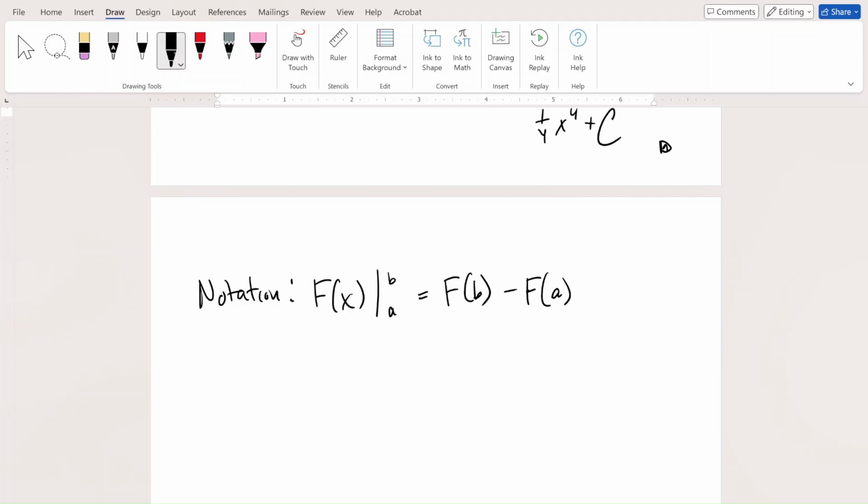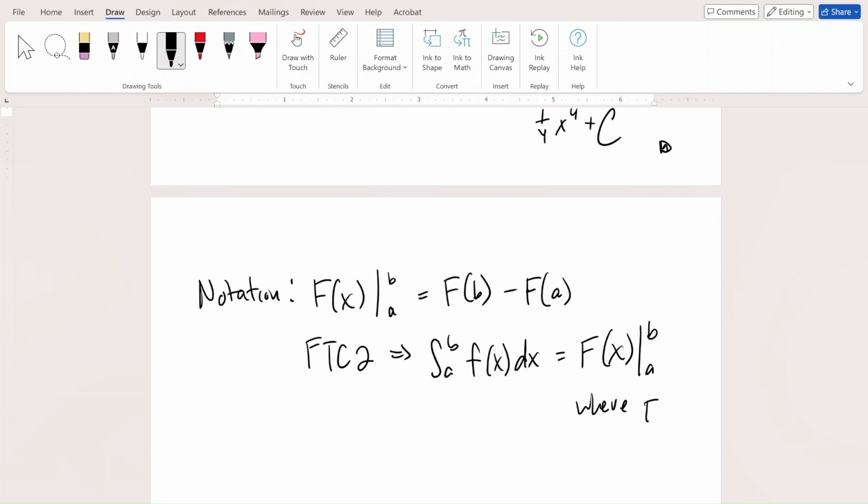So when I write the fundamental theorem of calculus part 2, the integral from a to b of f of x dx, that's equal to capital F of x evaluated from a to b as such, where, of course, capital F is the antiderivative of lowercase f, so that means capital F prime is just equal to lowercase f.